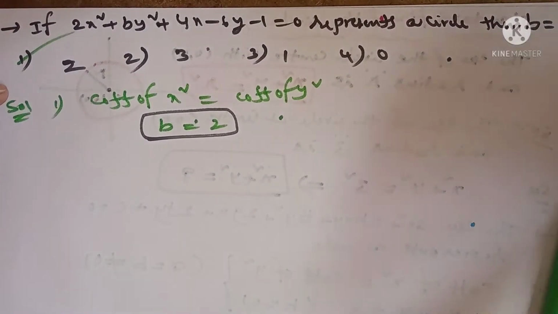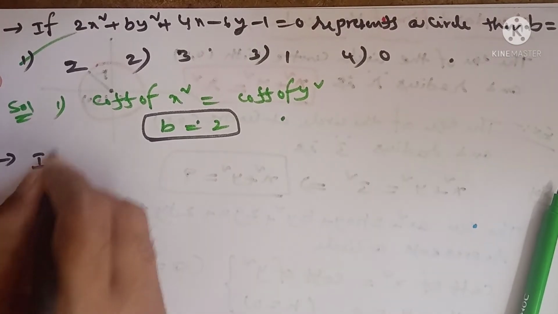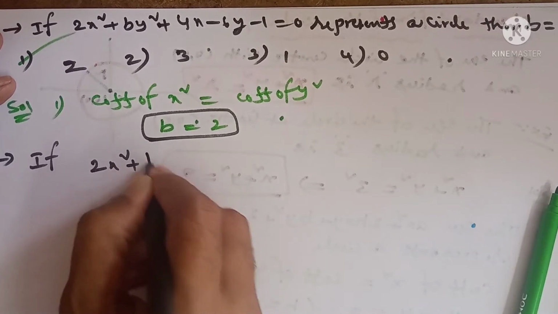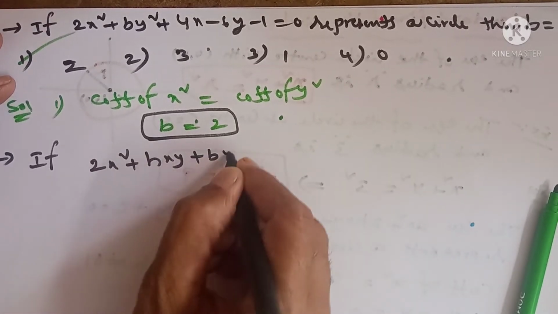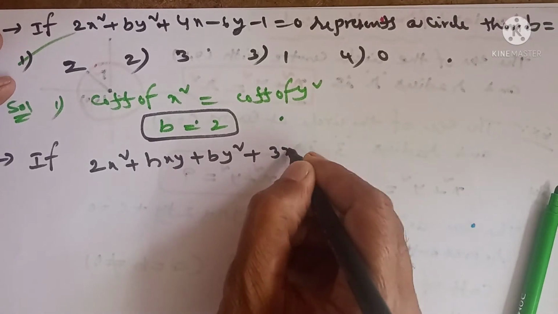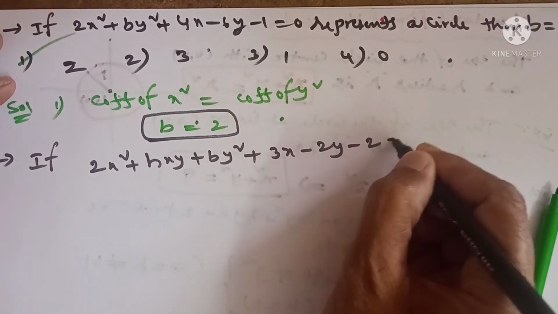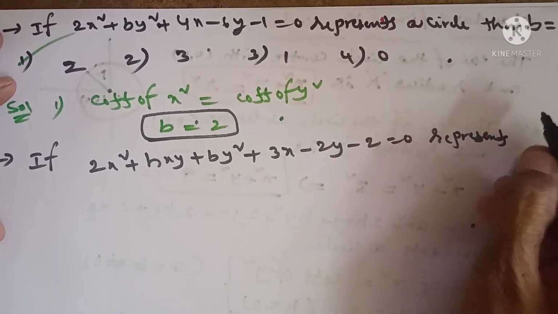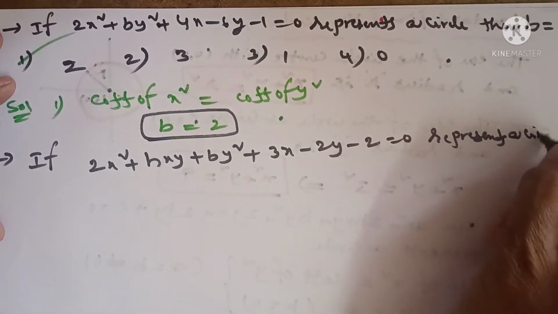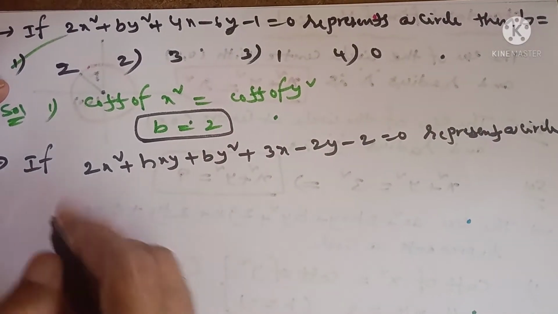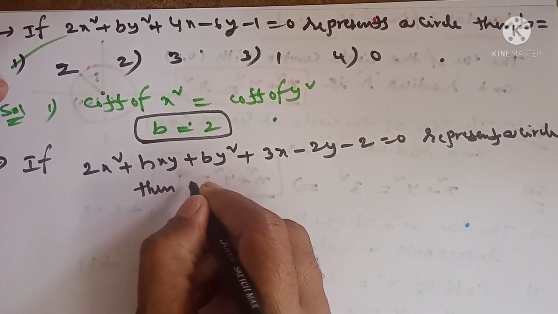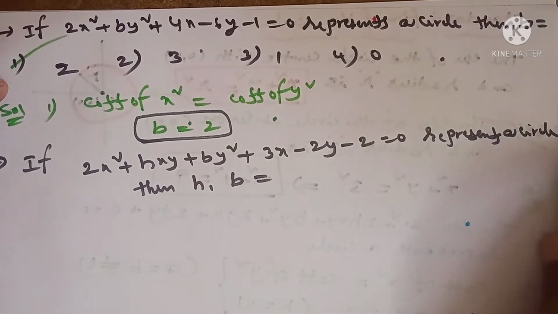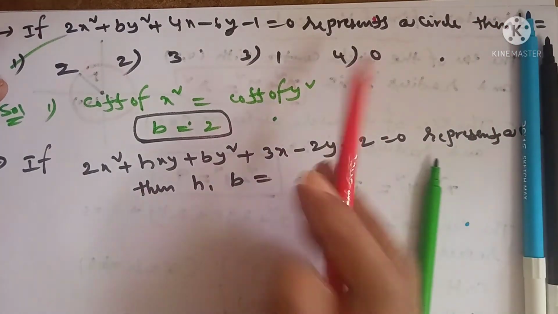One more question. If 2x square plus hxy plus by square plus 3x minus 2y minus 2 is equal to 0 represents a circle, then h comma b is equal to, we have to find the two values, h value and b value.